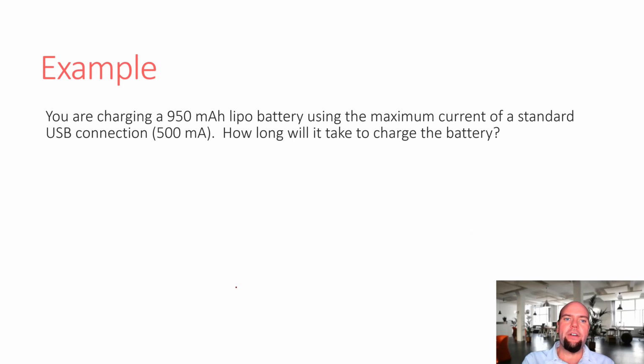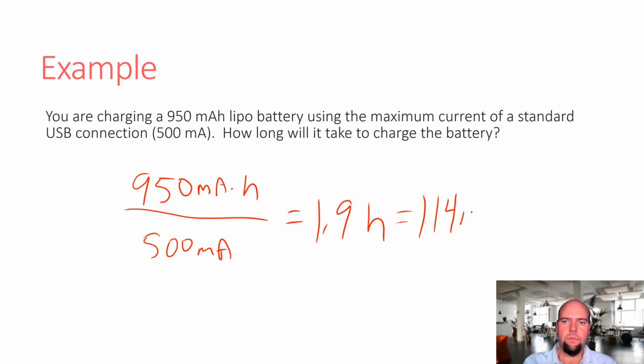Well, the battery is 950 milliamp hours divided by 500 milliamps, which gives you, I should have just made it 1,000 to make the math easy, 1.9 hours, or 114 minutes.